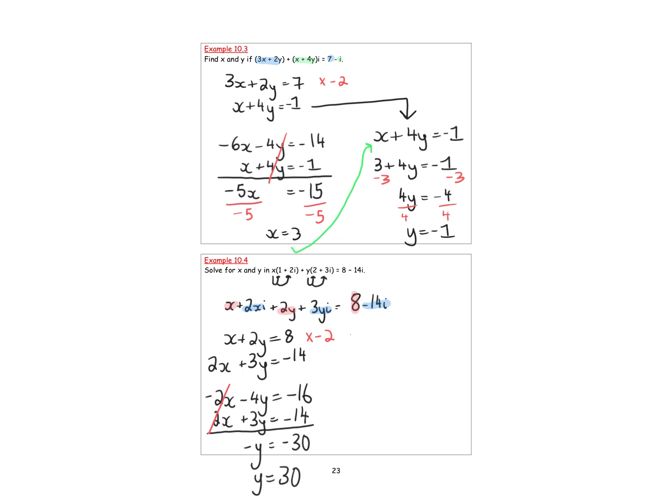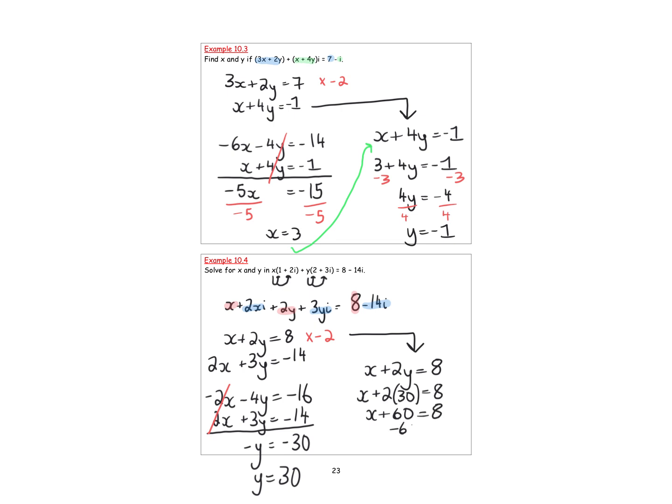Then I'm going to take the equations that I had at the start. So here I had x plus 2y is equal to 8. I now know that y is equal to 30, so this becomes x plus 2 times 30 is equal to 8. So I'll be left with x plus 60 is equal to 8.